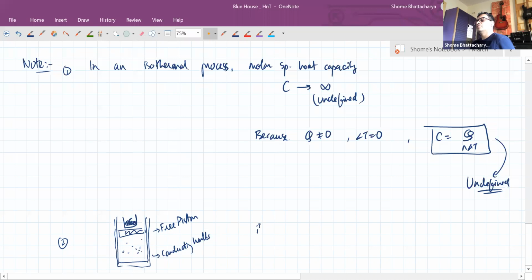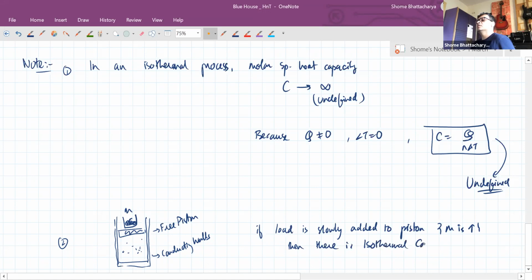If load is slowly added to the piston, that is, the mass M is increased, then there is isothermal compression. So we increase the mass, work is done on the gas, and heat comes out of the gas.